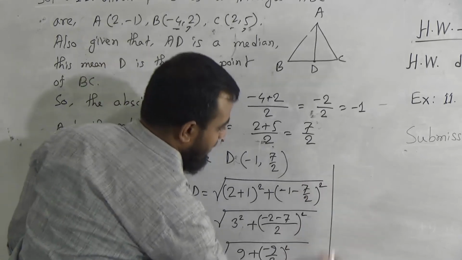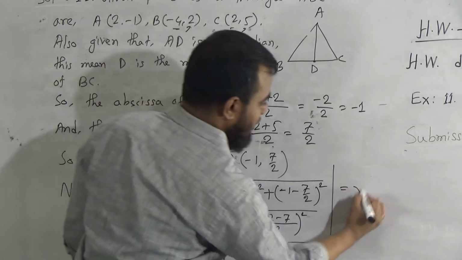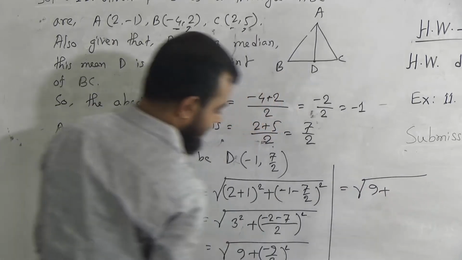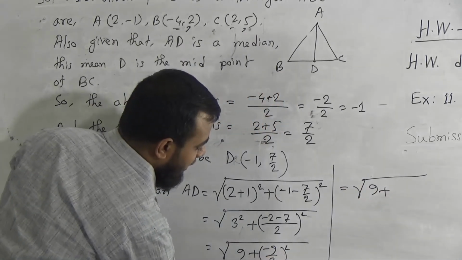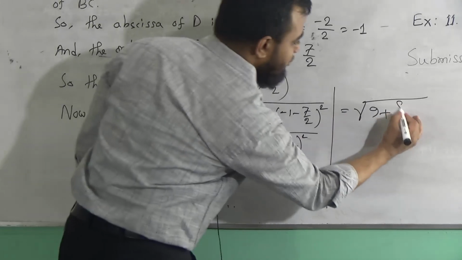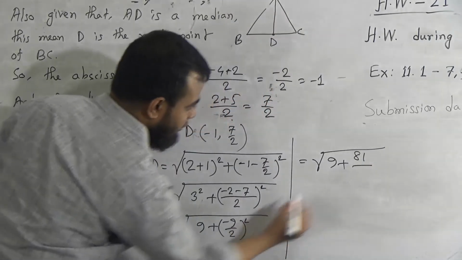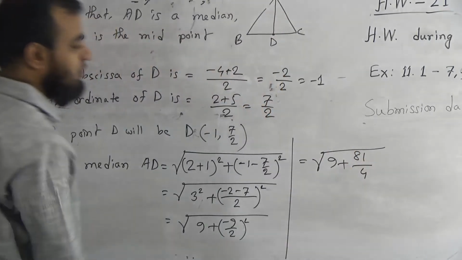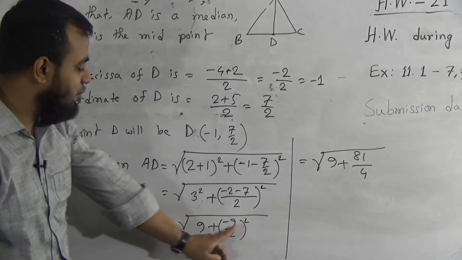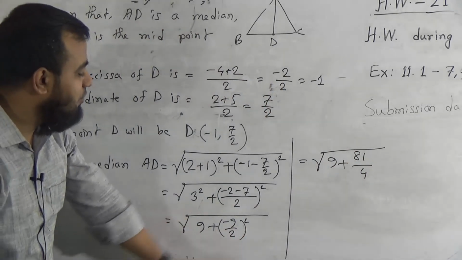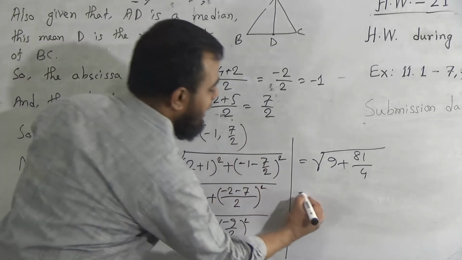Now we'll calculate on the right side, my dear students. Square root of 9 plus 9 square over 2 square. So 9 square means 81, and 2 square means 4. Both the numerator and denominator have the square sign, so we can add only the remaining part.